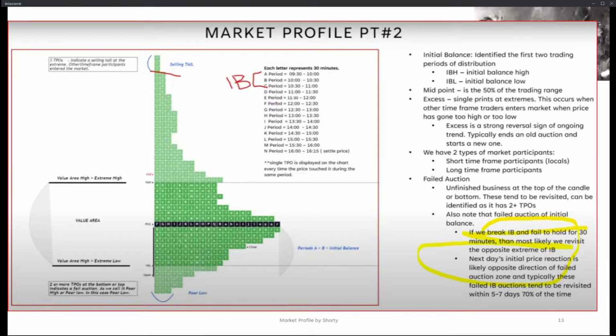Yeah. What was the thing you say sometimes when that's happening? The A and B period, and you want to watch for the C period if it's going to cause an extension. I watch for C period to see what kind of extension it is, is it aggressive? Because they can break that, let's say, in G period, and the whole day they spent till G period inside the IB.